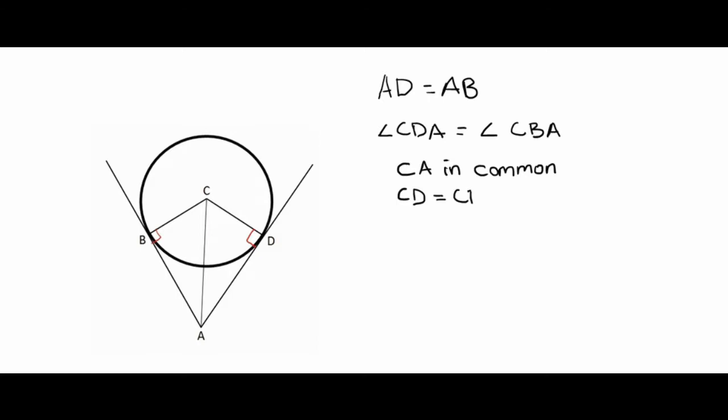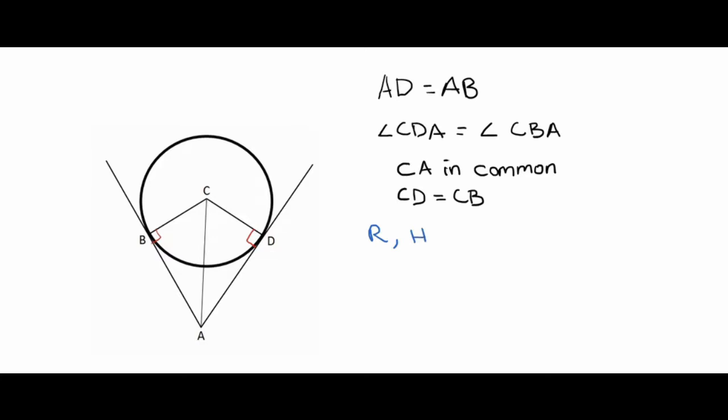So with these three facts, we can now use the fact that if two triangles have a right angle, a hypotenuse of the same length, and another side in common, then they must be congruent.